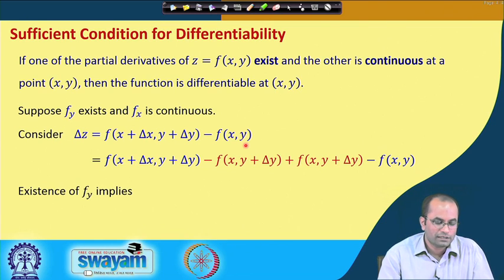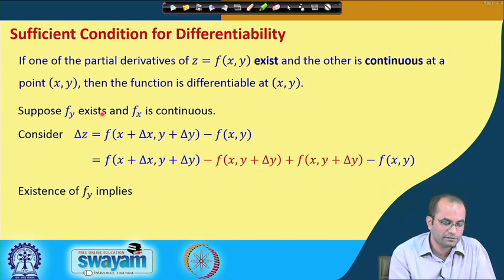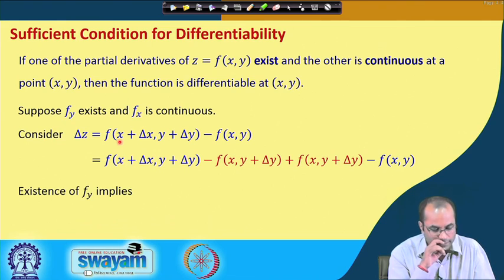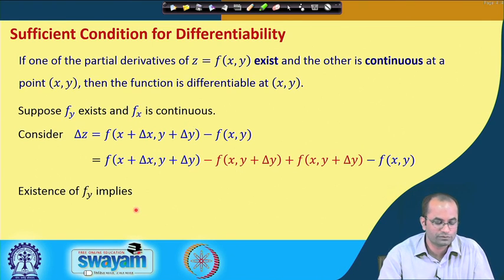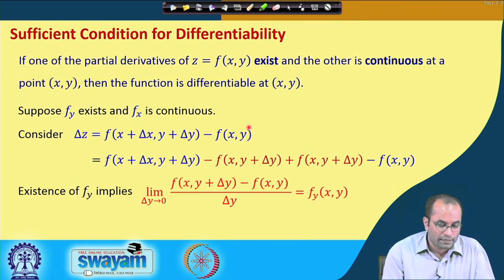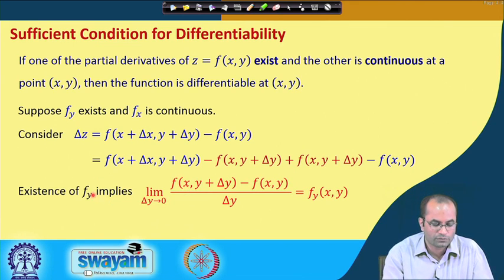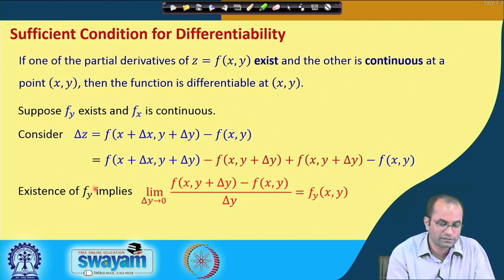And then since we have taken here the existence of f_y and continuity of f_x, we will use these two conditions to prove that the function is differentiable. So, the existence of f_y implies that this limit exists, which is the partial derivative with respect to y.